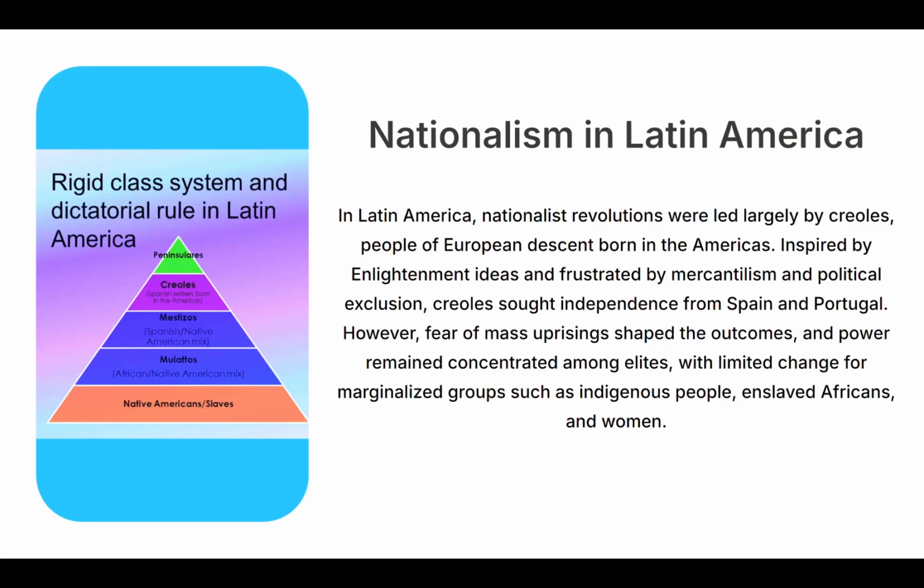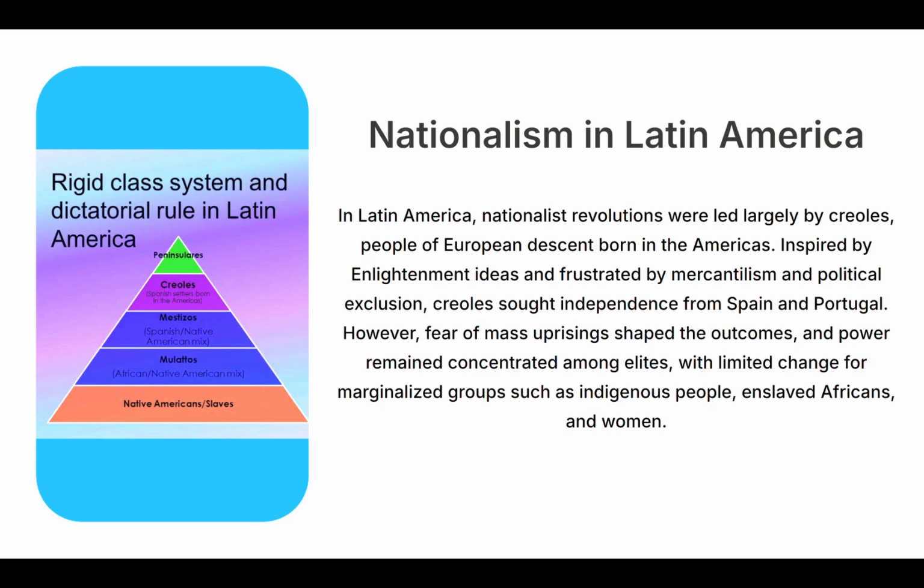In Latin America, nationalist revolutions were largely led by Creoles, people of European descent but who were born in the Americas. Inspired by Enlightenment ideas and frustrated by mercantilism and political exclusion, Creoles sought independence from Spain and Portugal.